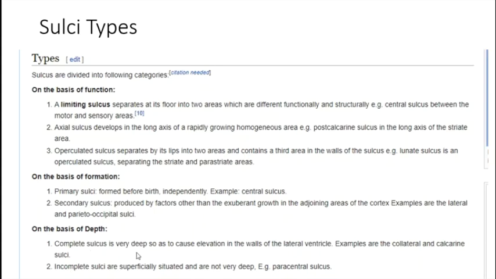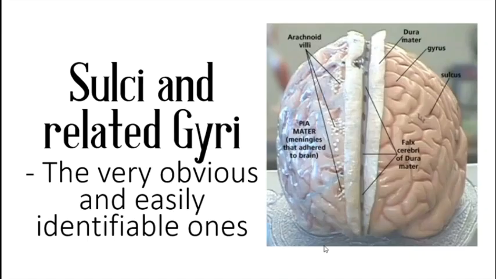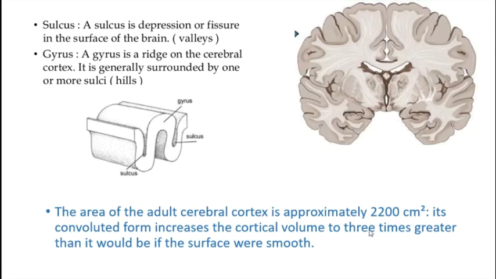A complete sulcus is so very deep that it even leads to an elevation in the walls of a ventricle. Let's move back. Yeah, so you have seen this diagram. This is the zone of the lateral ventricles. You can see that these sulci, even though they are dipping down, are not causing an indentation up to the level of the ventricles.